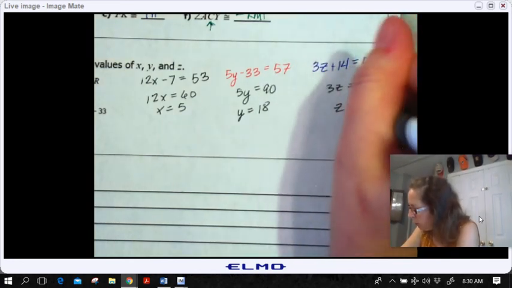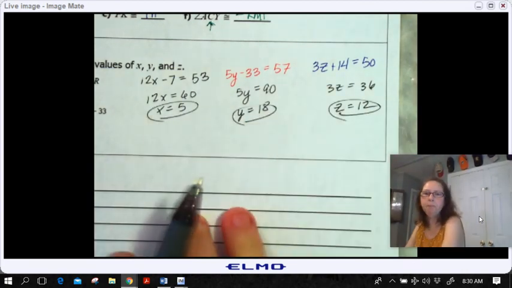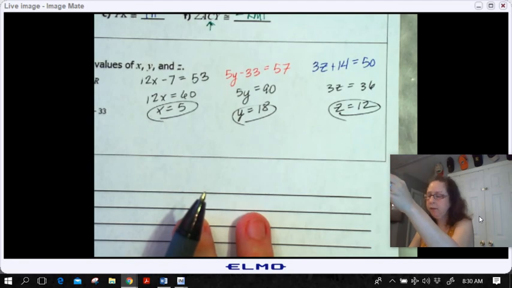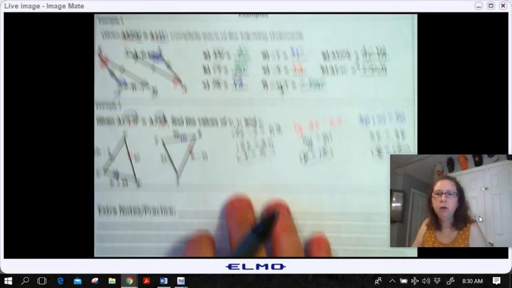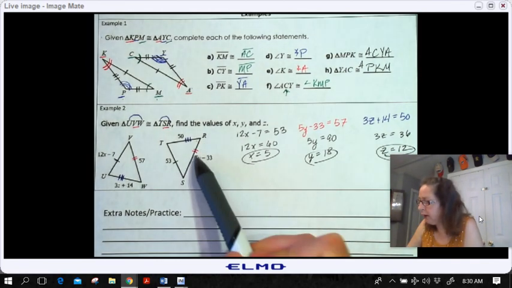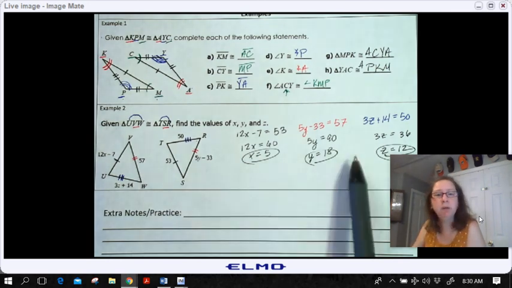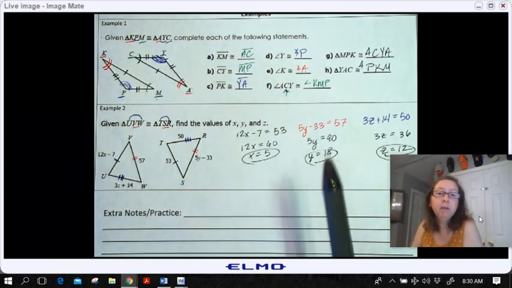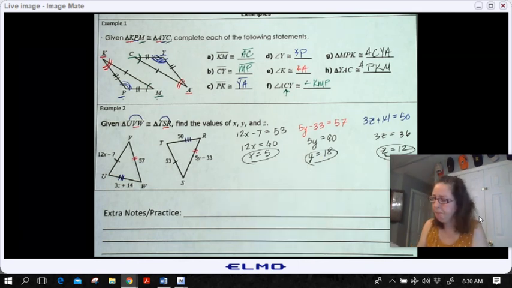I get z equals 12. Okay, so that's it, guys. We're just using congruency statements now for triangles, angles and side lengths. Today we focused, with our one example of solving, on just side lengths, but the same type of problem could be solved using angles.